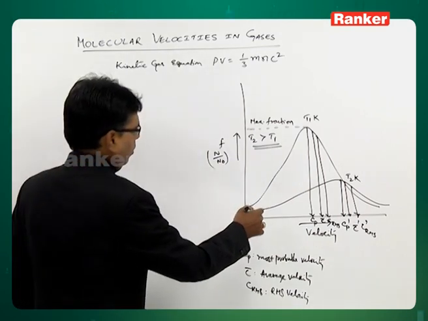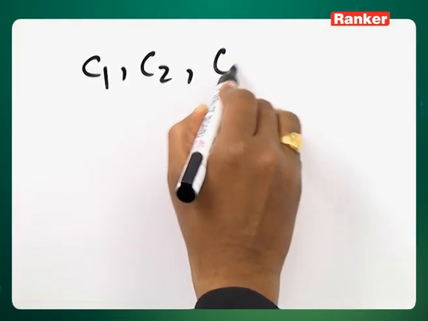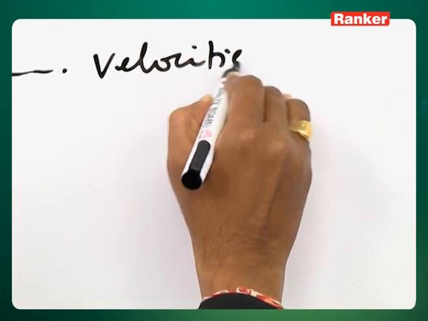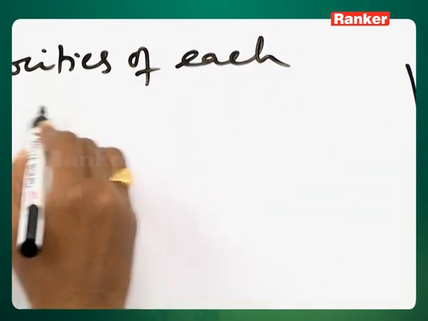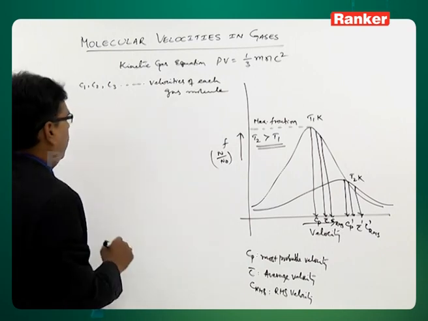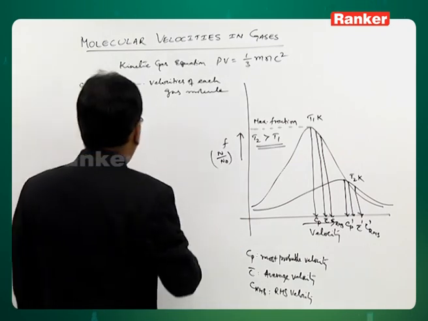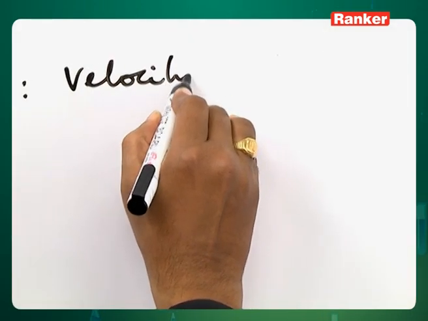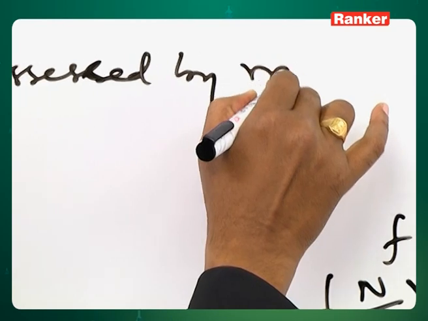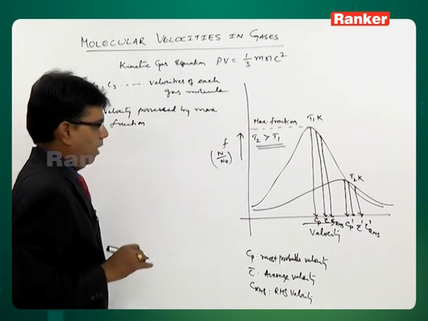This is graphically, right? Mathematically, equation wise, if you take C1, C2, C3, etc., as velocities of each gas molecule, then Cp is the velocity possessed by the maximum fraction.